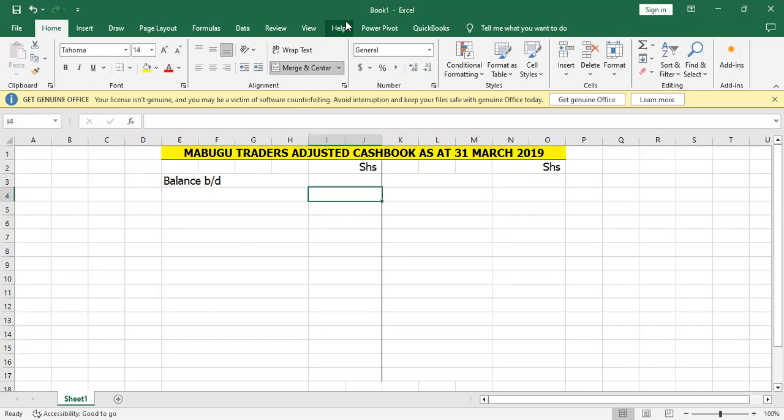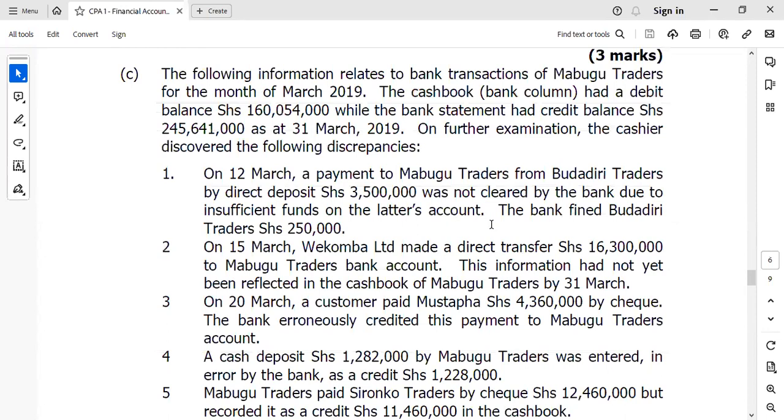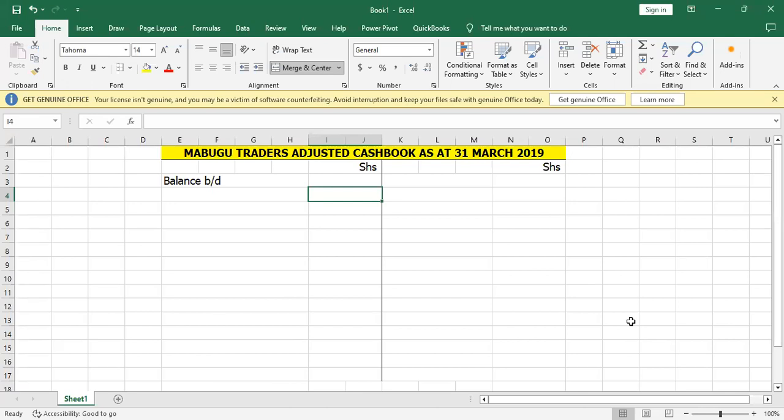Let's check out the balance. Our balance in the first paragraph is 160 millions, 54,000. It's a debit balance. So you enter that. That is our opening balance.